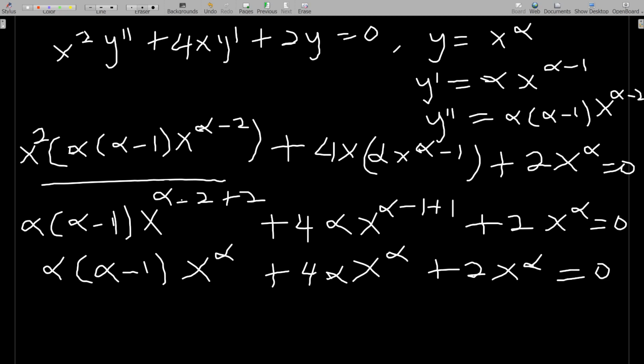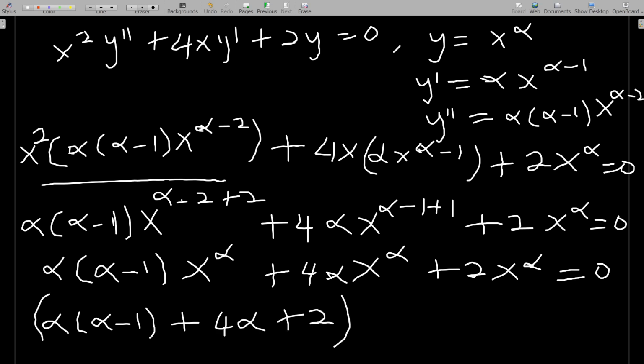Now the same thing happens: factor x to the power alpha out. So I have alpha into alpha minus 1 plus 4 alpha plus 2, and I factor x to the power alpha out, equals 0. Now I have the product of two things equals 0, but x to the alpha is our solution, so it's not equal to 0, so rather the other side is equal to 0.